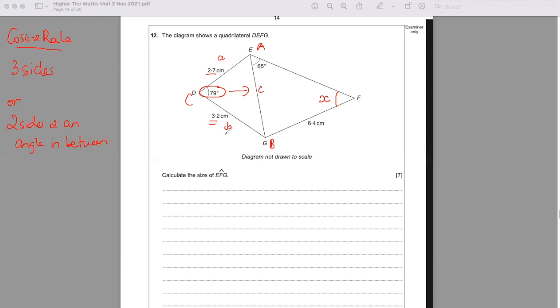So here you have to use cosine rule first. And the reason we're using that is because we're going to work out EG. And if you can work out EG, think about that triangle separately now.